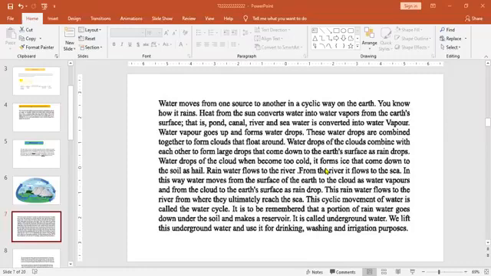The atmosphere cannot bear it. That is why the large water drop falls down on the earth as rain. The cyclic movement of the water is called water cycle.